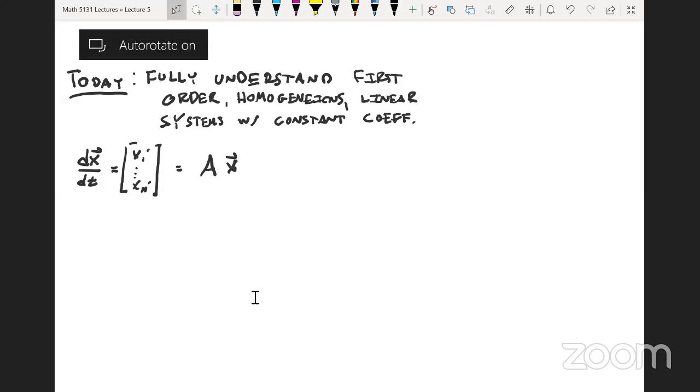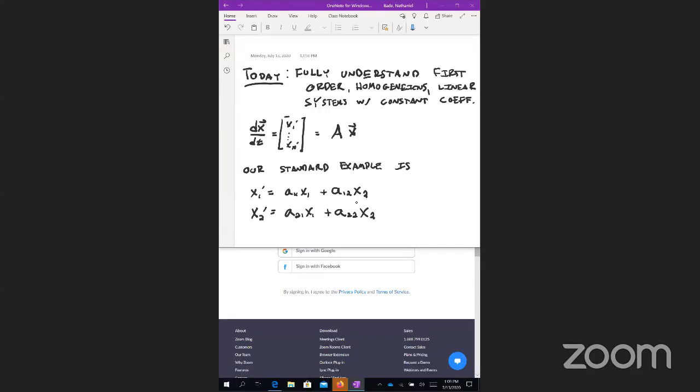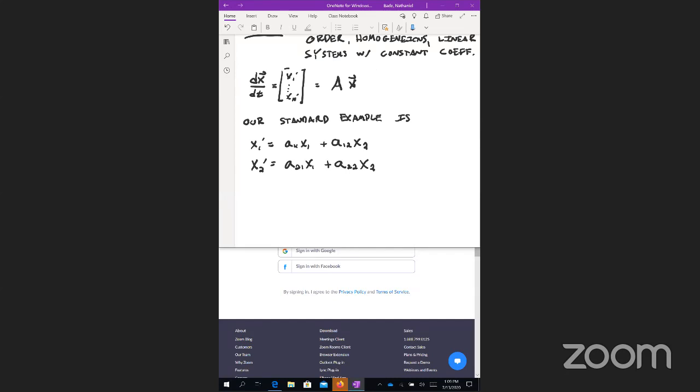plus a22 x2. You still can't see. Oh. That's weird. All right, well, okay.